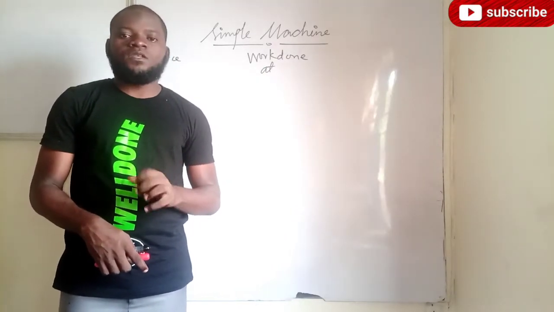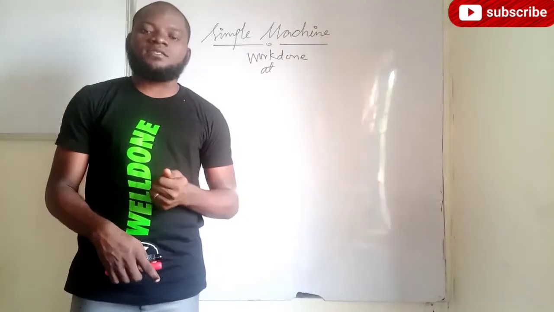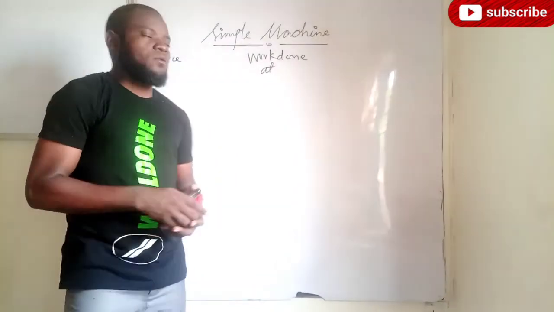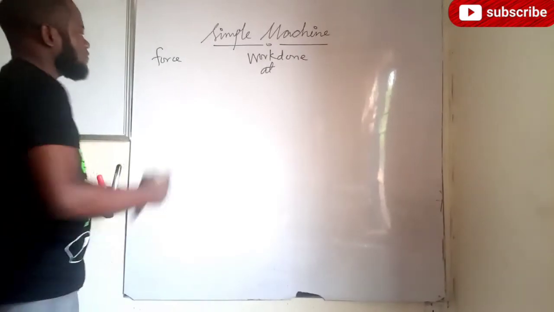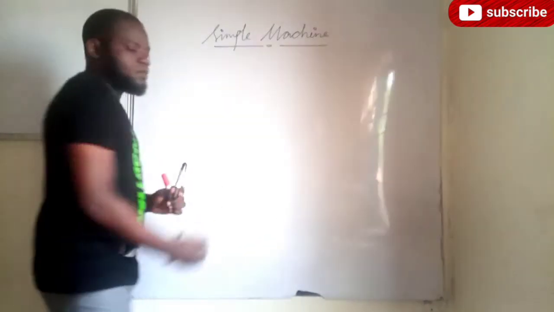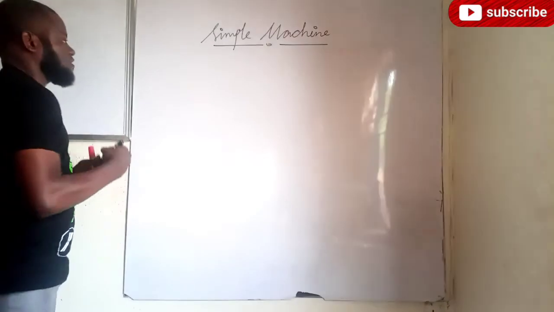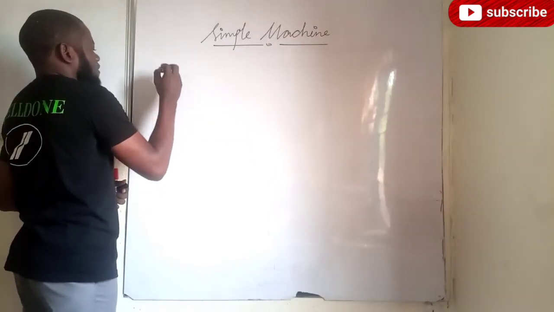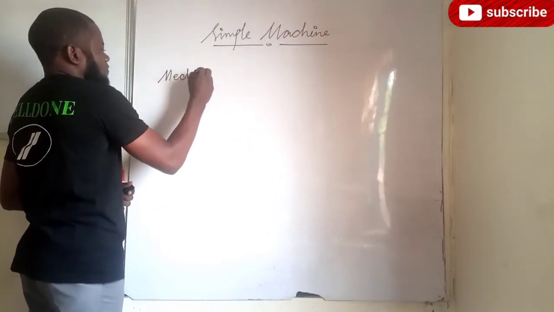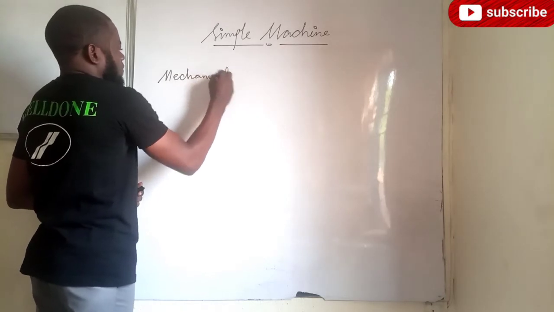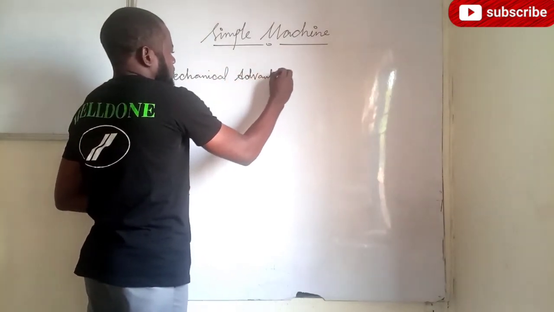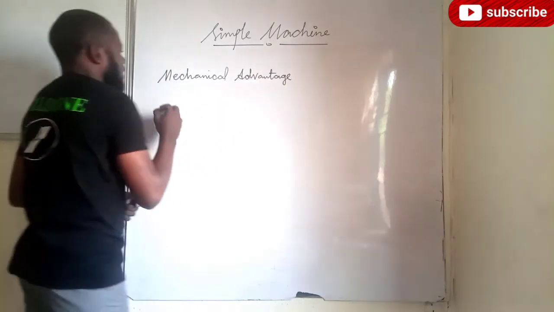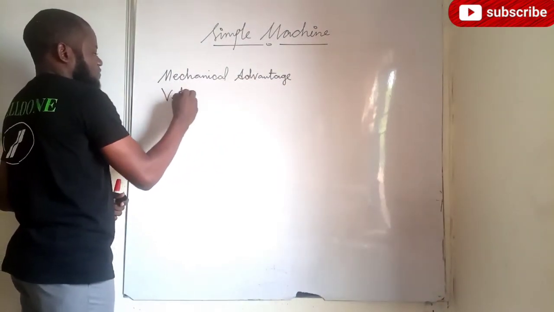Now, what are the general characteristics of a machine? When you talk about the general properties of a machine, we have the mechanical advantage. We have the velocity ratio.